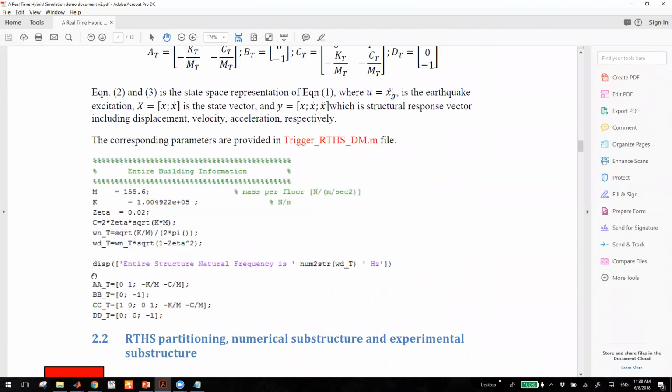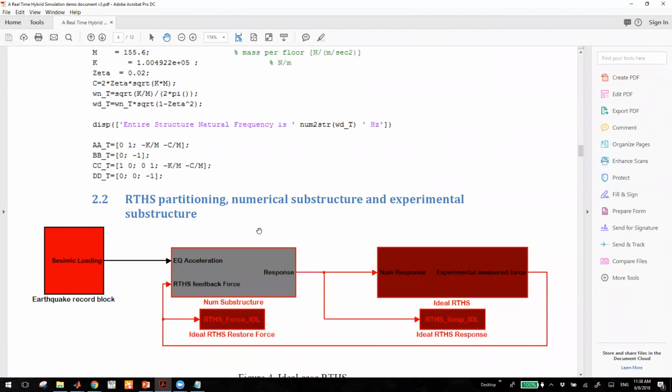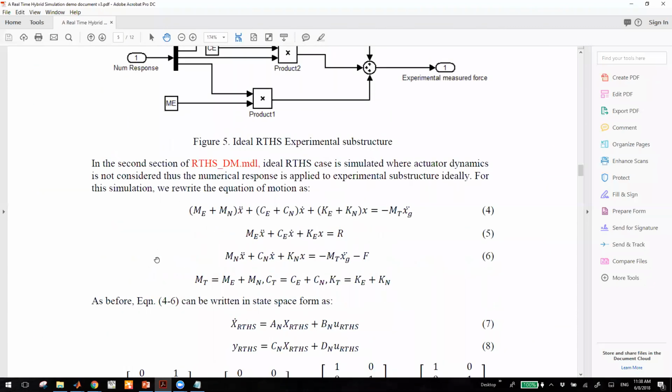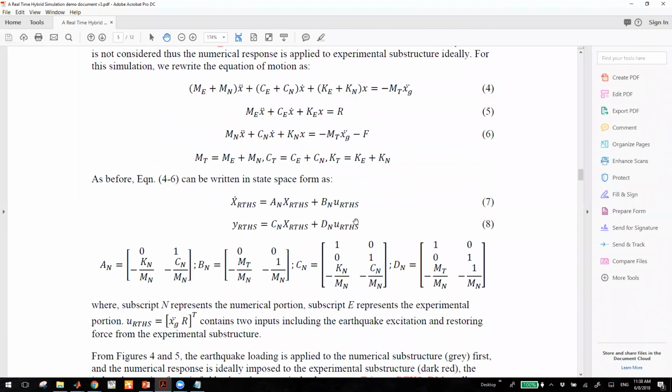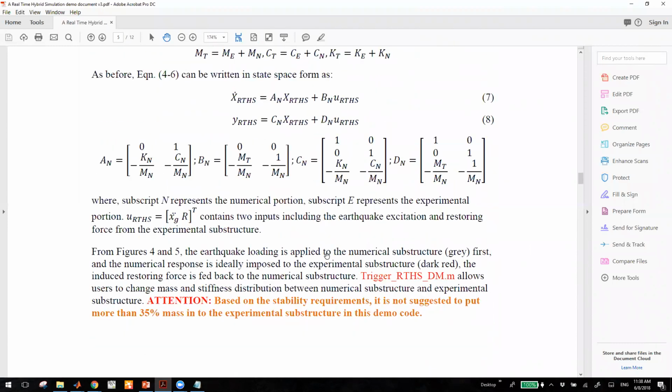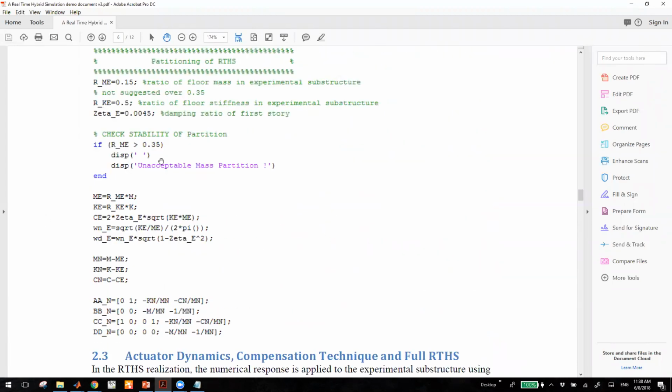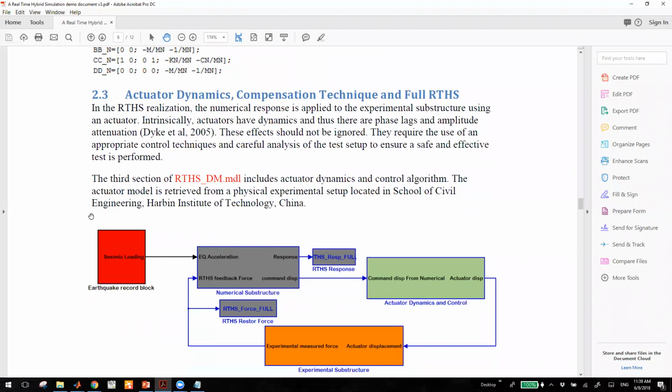Then you have the partition between your numerical substructure and the experimental substructure, which is derived based on the combination of your experimental mass, numerical mass, experimental damping, numerical damping, experimental stiffness, and numerical stiffness. Then you can decouple the numerical component and the experimental component. This part in the code represents the partitioning following that derivation. And at the end, you are going to see the actual dynamics representation in the third layer.